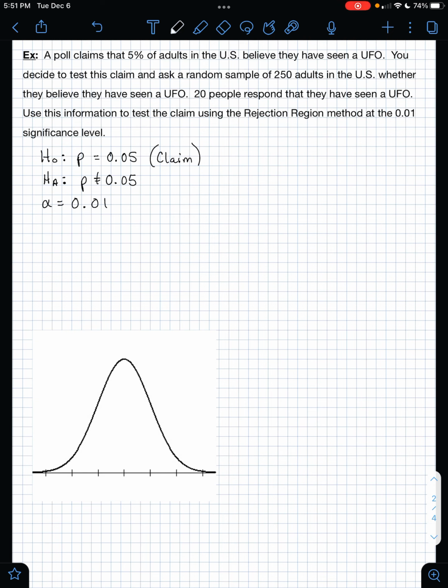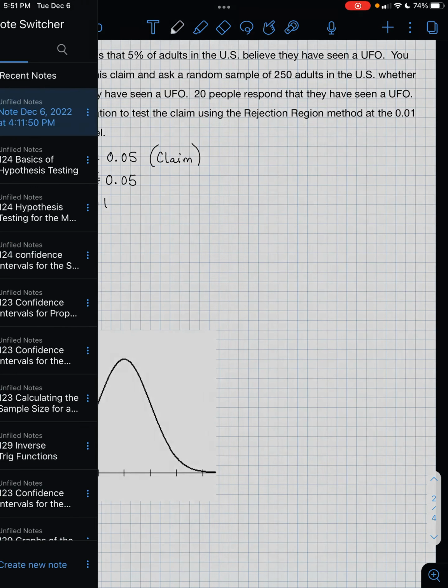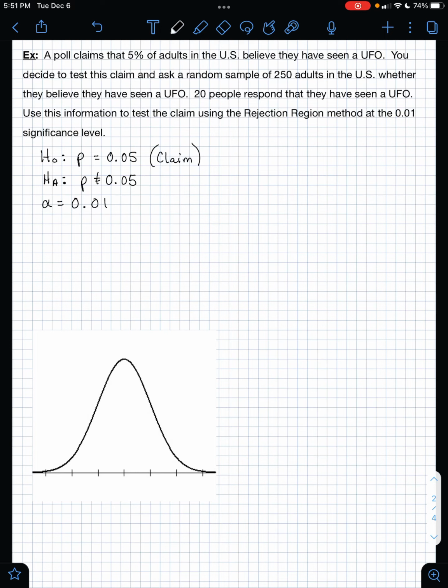And we need our test statistic. Our test statistic is based on our sample proportion, so we need that first. P hat is the probability in our sample that a randomly selected person has seen a UFO.